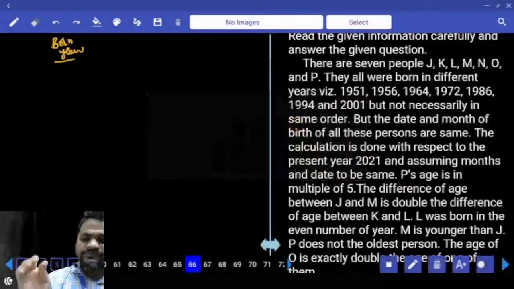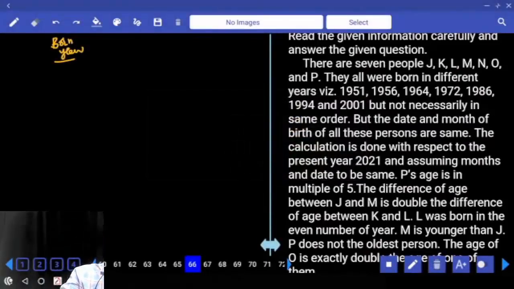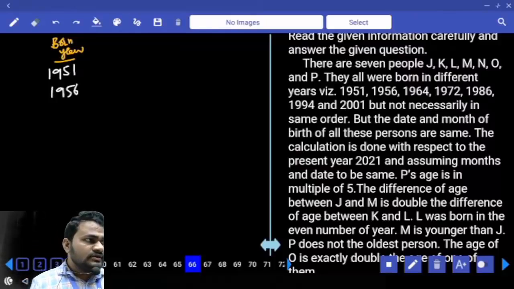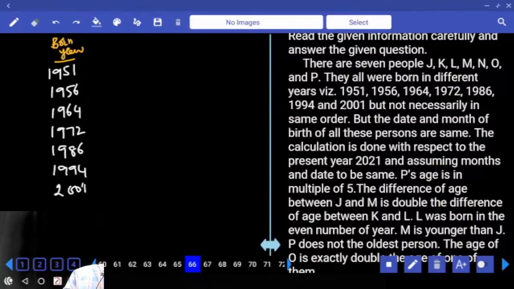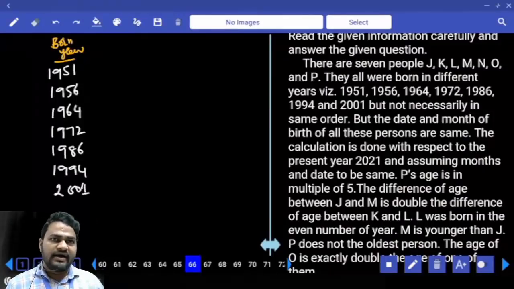Born years as 1951, then after that 1956, next 1964, next 1972, 1986, 1994, 2001. Now we have collected born years in order.